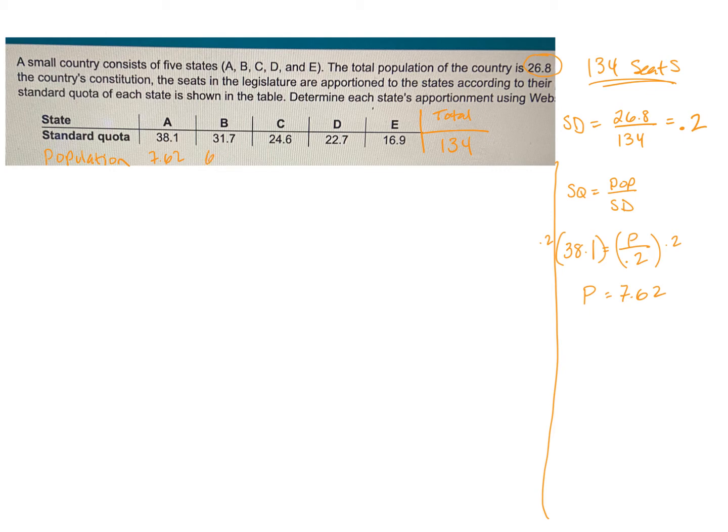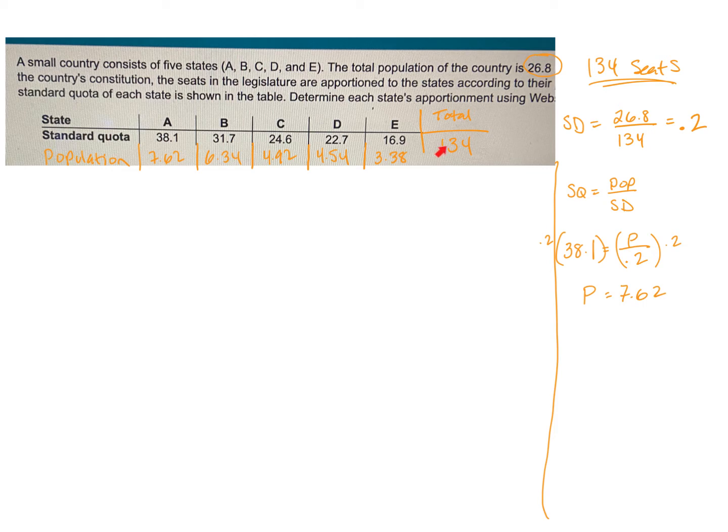And I get 6.34, 4.92, 4.54, and 3.38. And then you could double check if you want. You could divide each population by 0.2, and you'll see that you get these standard quotas.